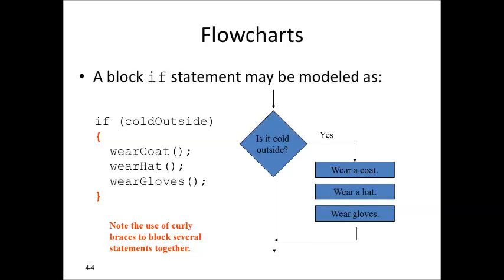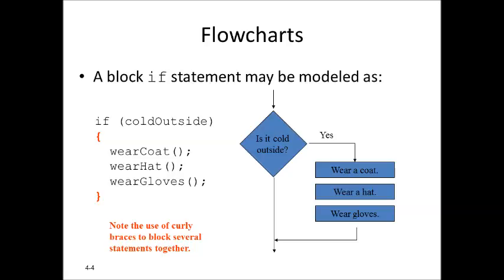So now, if it's cold outside, I'm gonna do all of the things that's inside that bracket. That means I'm gonna wear a coat, I'm gonna grab a hat, and I'm gonna have some gloves. That's all the things inside that statement. This is gonna be on Blackboard. It's already out there, I believe. Okay? That's your if statement.